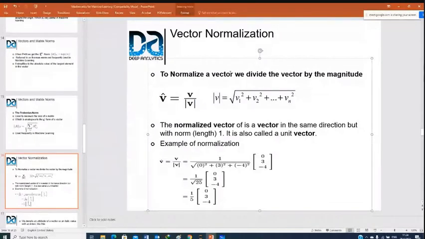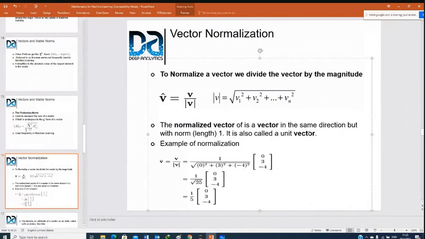So to normalize a vector, we divide the vector by the magnitude. The normalized vector is a vector in the same direction, but the norm length is 1. It is also called a unit vector.